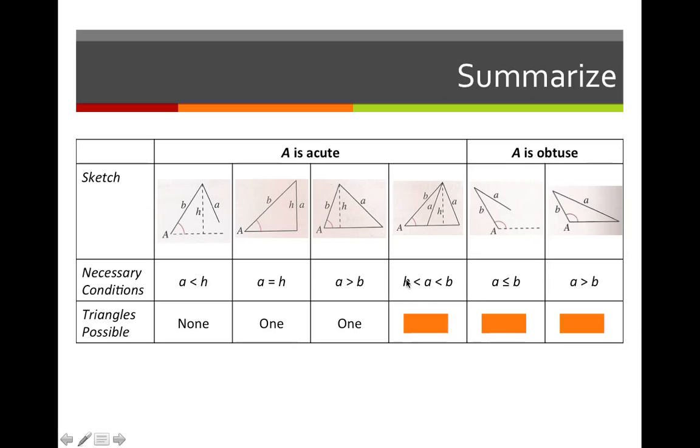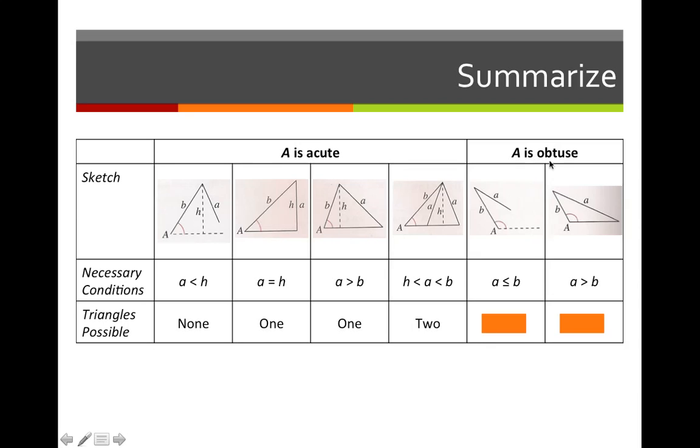But if our a value is something that is bigger than h and less than b, that's that strange situation where we get two possible triangles. And all four of those are in the situation where our A angle is acute. So you notice all four of these are under that heading of A is acute.